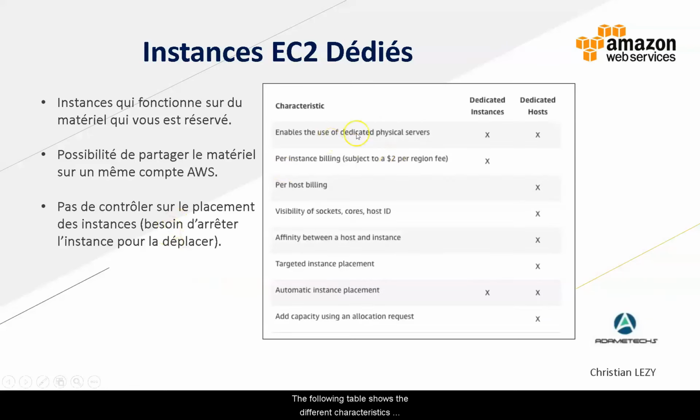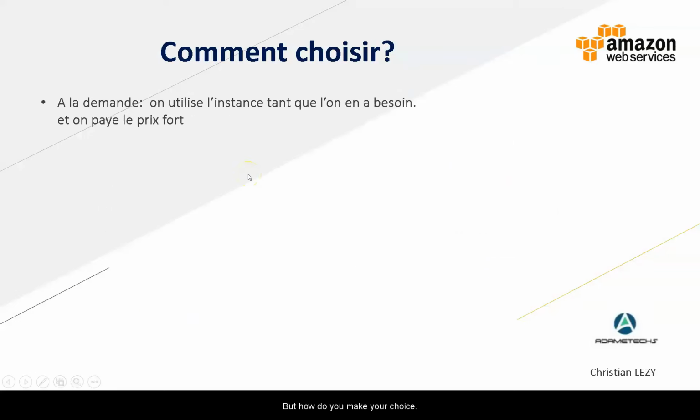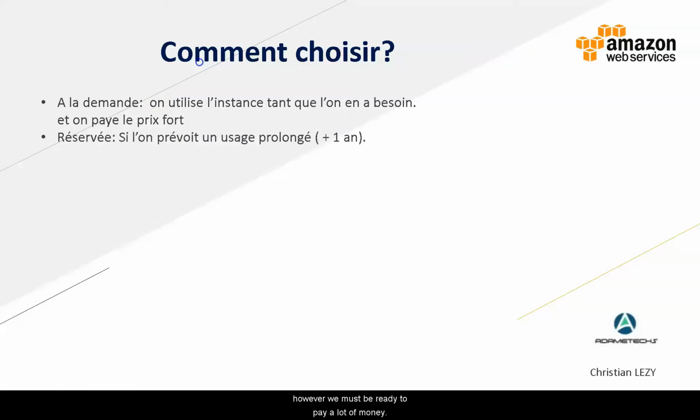The following table shows the different characteristics between dedicated instances and dedicated hosts. In general, we can see that a dedicated host is much more interesting and offer more services. But how do you make your choice? Choose an on-demand instance if your needs are punctual. However, you must be ready to pay a lot of money.